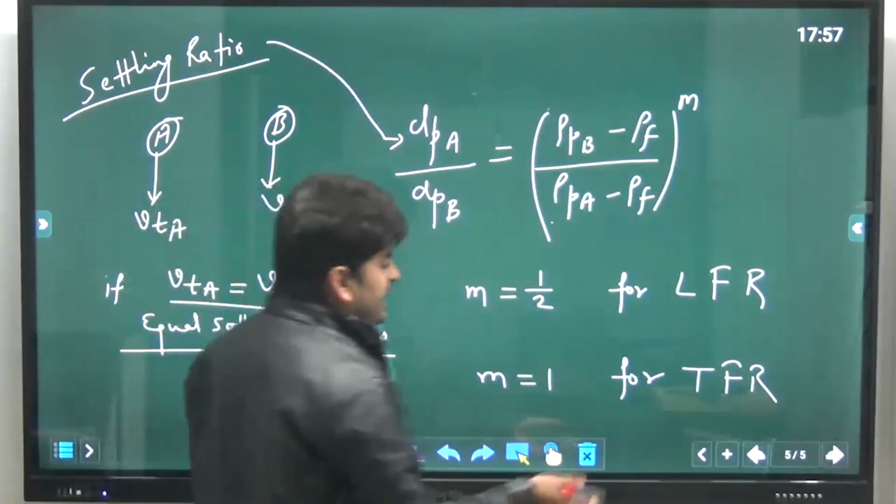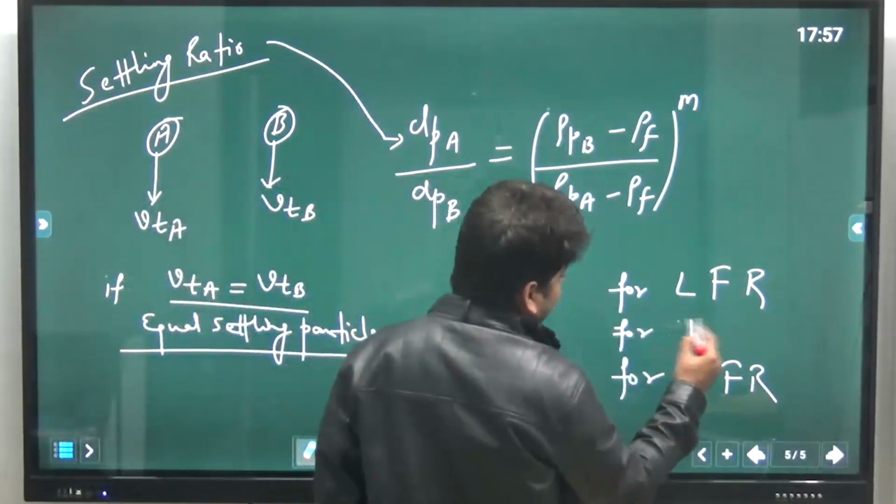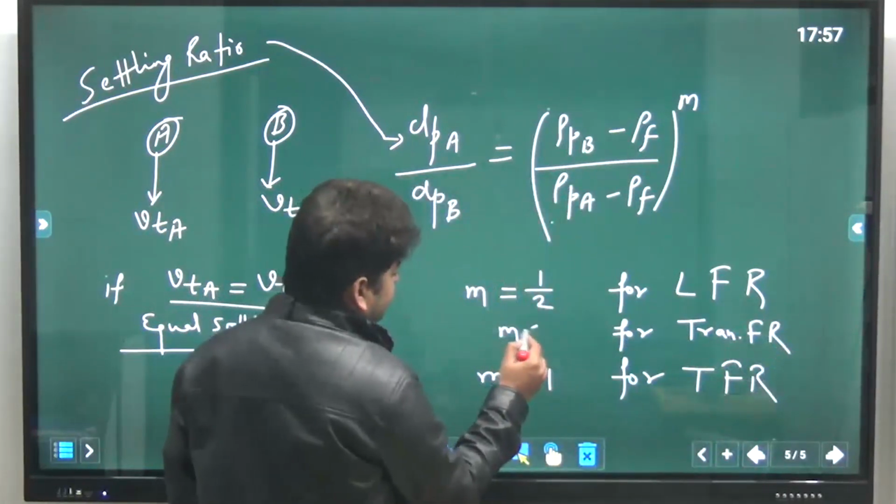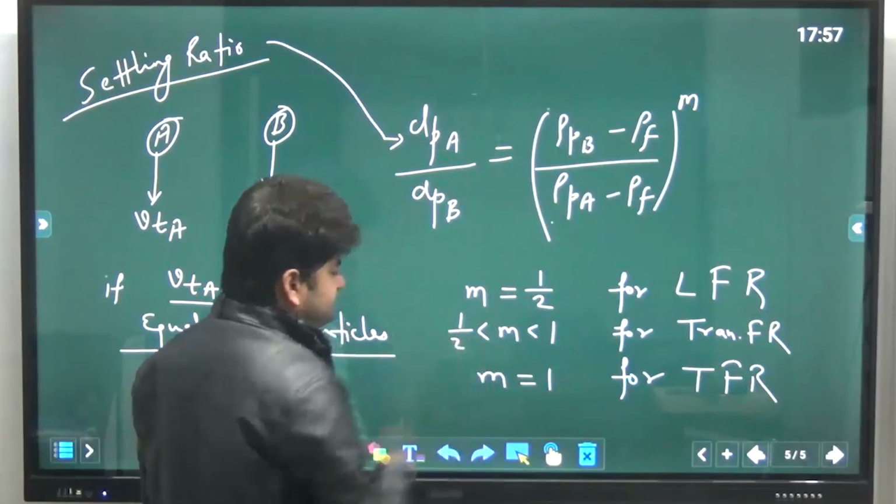And in between them we have the transition flow regime. For that, m will be between 1/2 and 1.